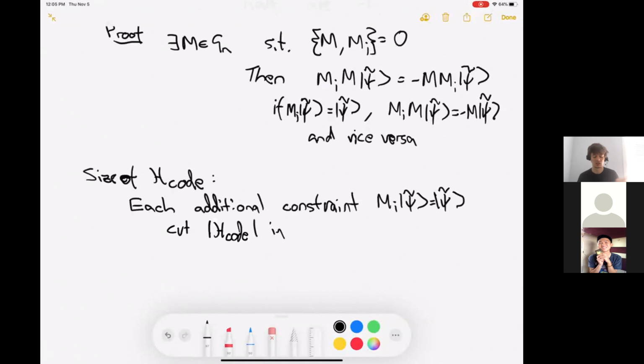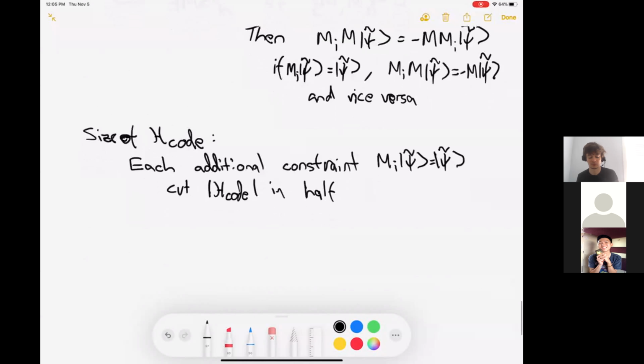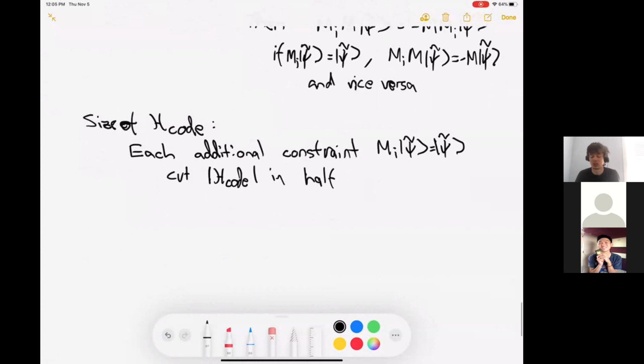Okay, so first we impose the first constraint, half the eigenvalues are plus 1, half are minus 1. Then imposing the constraint that it be a plus 1 eigenstate means that we cut the dimension of the code space in half. And then you can check, I'm not going to bother proving it, but it's pretty easy to do, that each further constraint just keeps cutting it in half, as long as they're all independent.